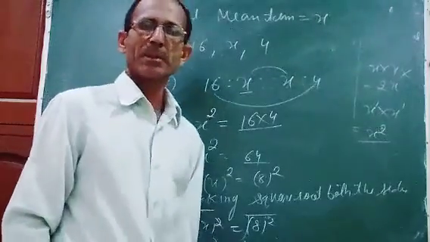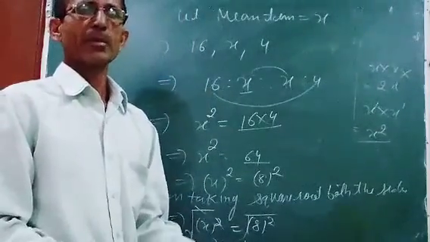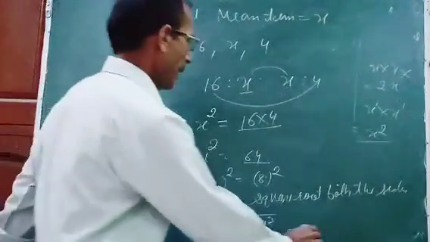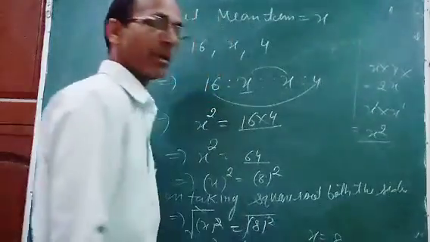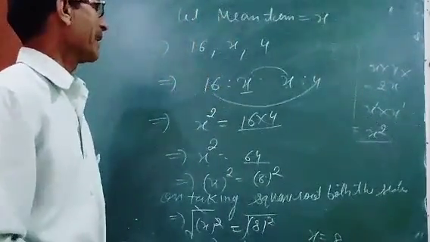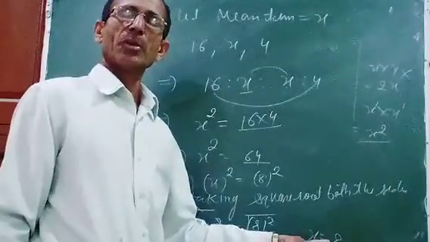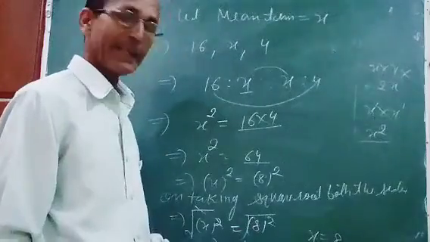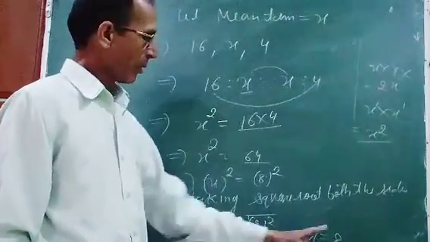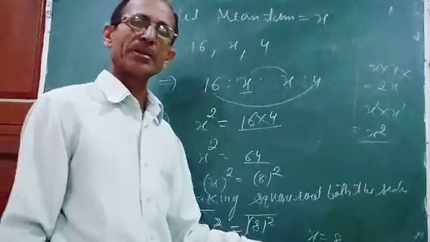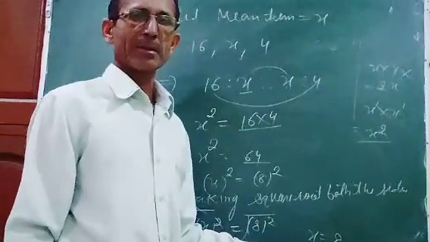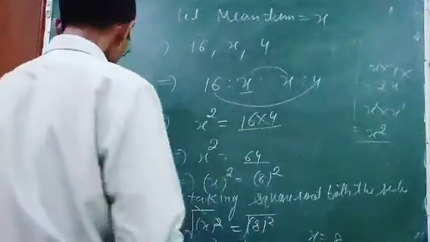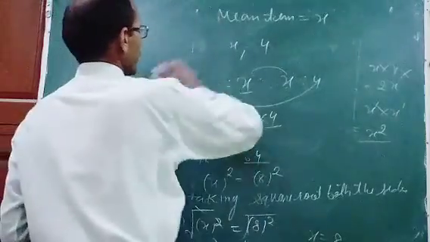These are the answers. Minus you can neglect, so the answer will be 8. Both answers come, but we can't take minus here, so we neglect minus. When we take a square root, the answer is always plus minus, but minus is negligible here, so only plus is taken. So x is equal to 8. This is the answer. Okay, clear? Next.